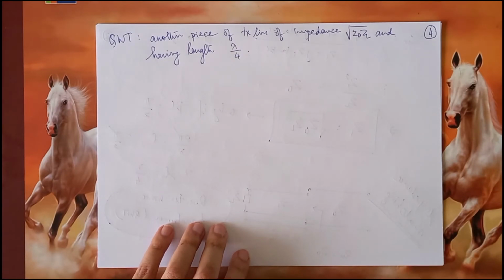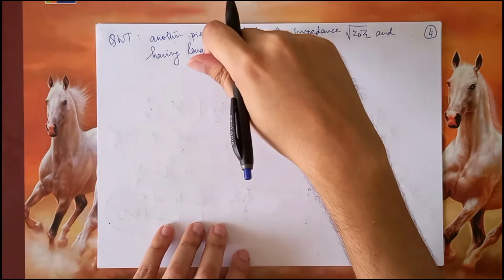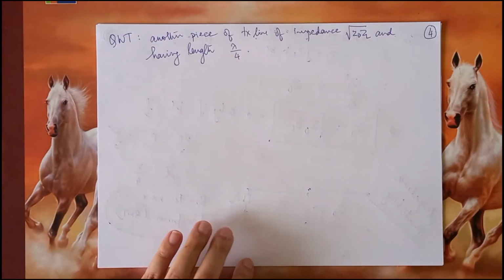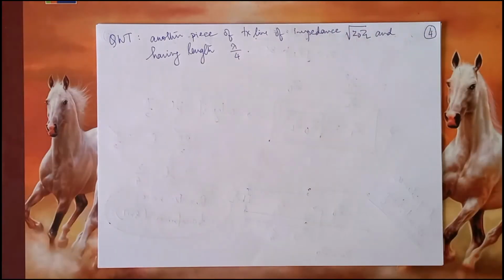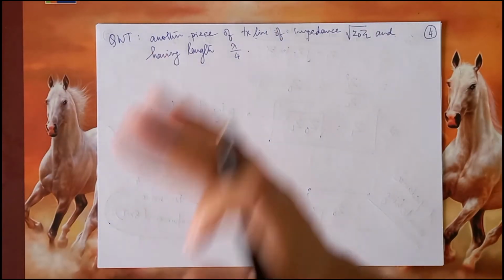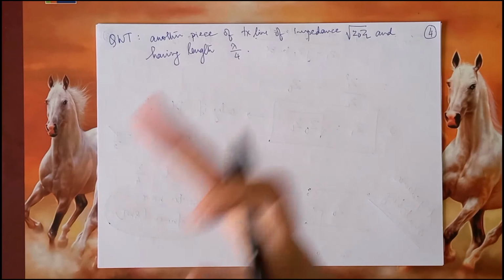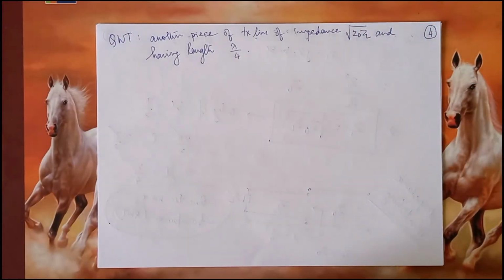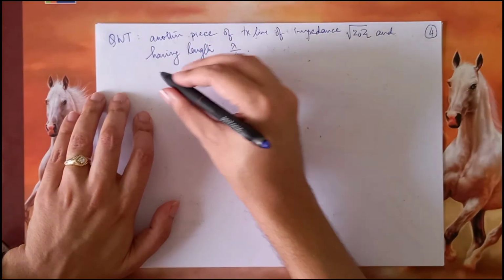So this comes with a drawback, that the length of this line will only work, or this QWT will only be able to match. It's a constraint, not so much of a drawback. It's a constraint that the length of this QWT must be equal to 1/4 of the wavelength of the wave that is traveling inside the line.